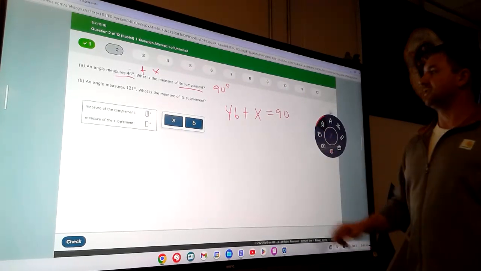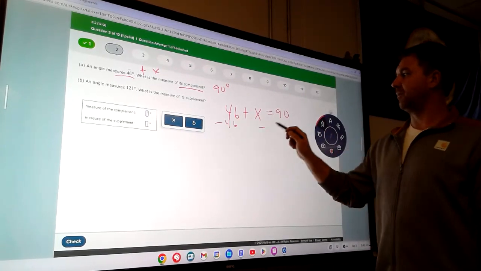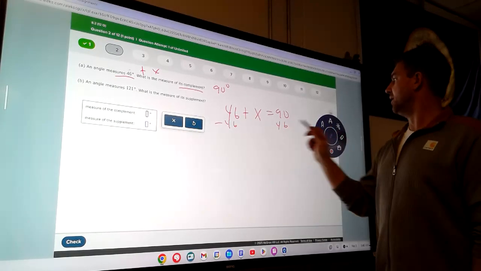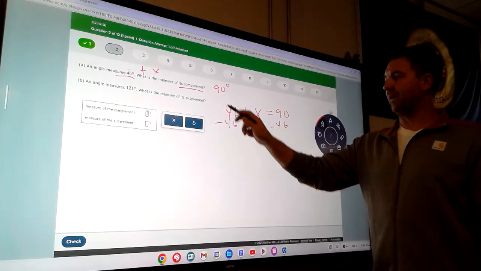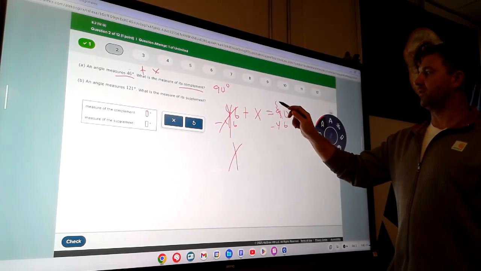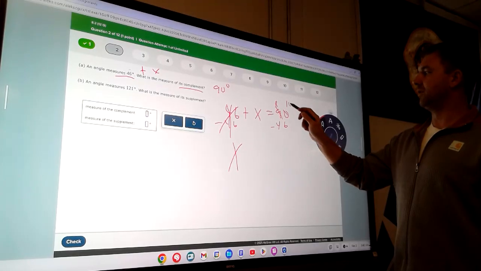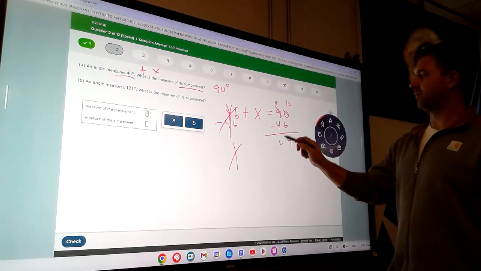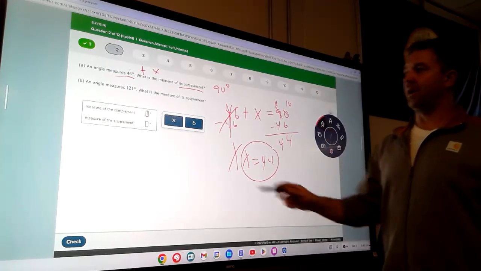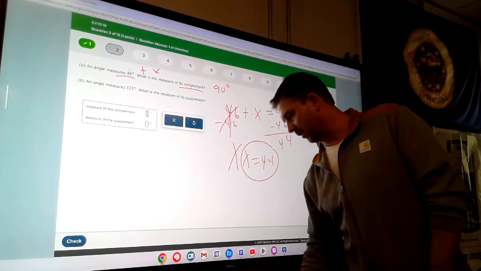All you're going to do is subtract 46 from both sides. Obviously this is gone, I'm left with x, and doing the simple math, x is equal to 44. So I know this first one should be 44.